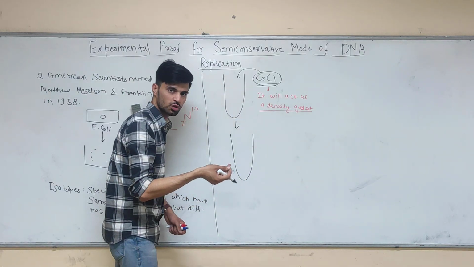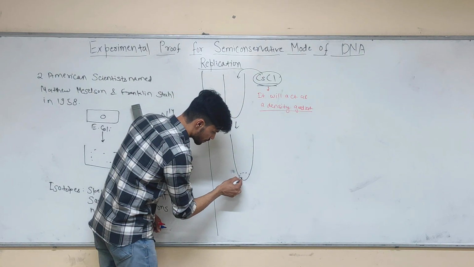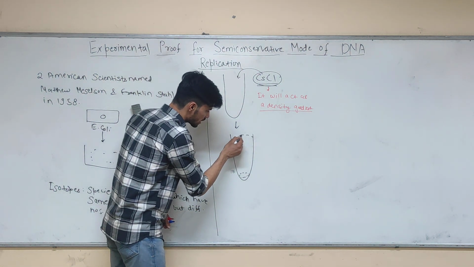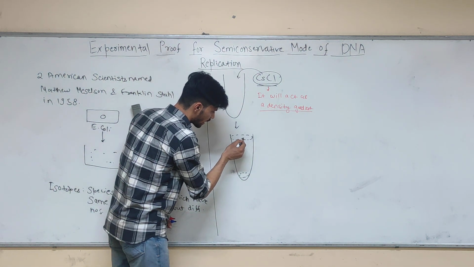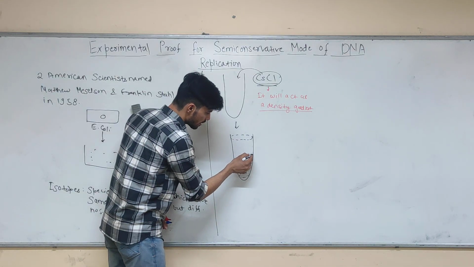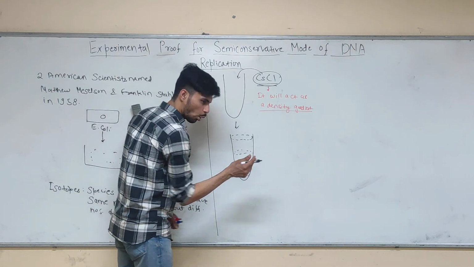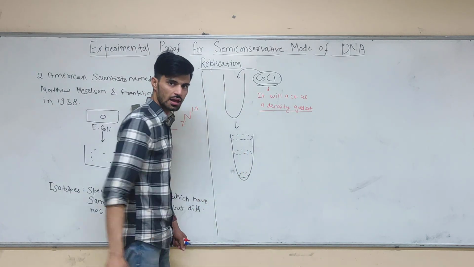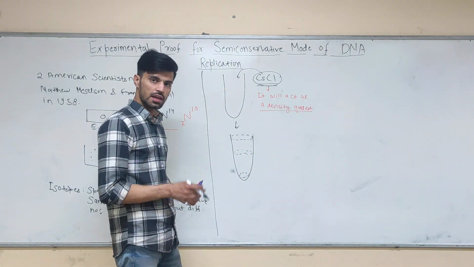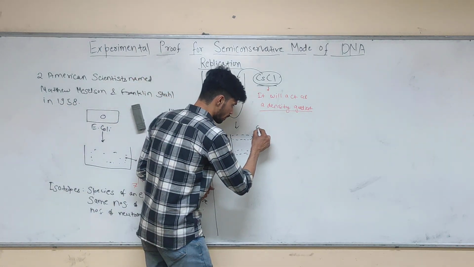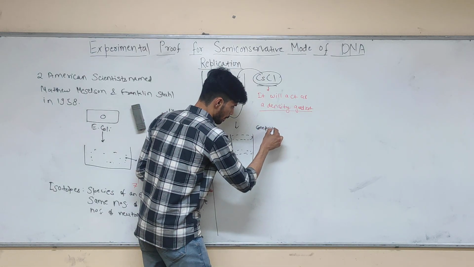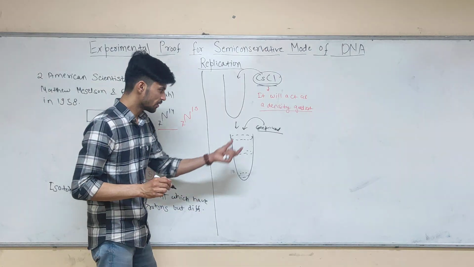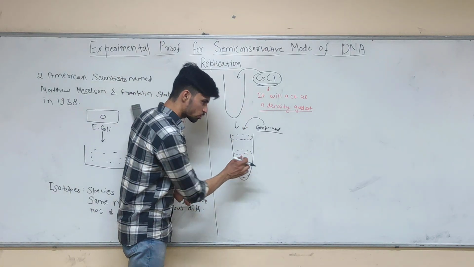For example, if I centrifuge it by taking CsCl in the test tube, the heavy particles of CsCl will settle down here. The light particles will settle down there, and the medium particles which are not too heavy and not too light will settle in the middle. Then if I put a compound in this test tube, this compound will settle according to its density.